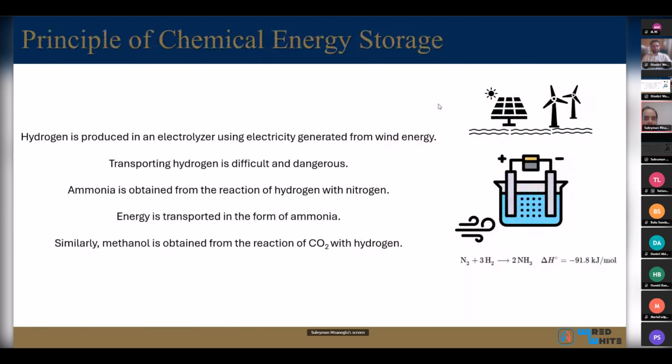And chemical energy storage, that is another method. Energy can be stored not only through physical change, but also through chemical bonds. The energy in chemical bonds is released through an exothermic reaction. Gases commonly used in this method include ammonia or hydrogen. Hydrogen gas is obtained from water through electrolysis.